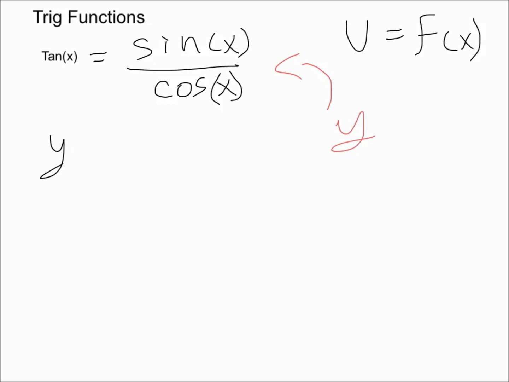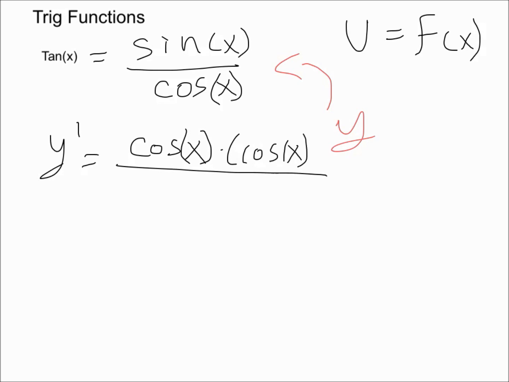So y prime would be cosine x times cosine x.